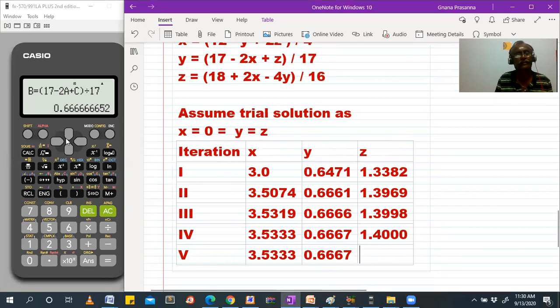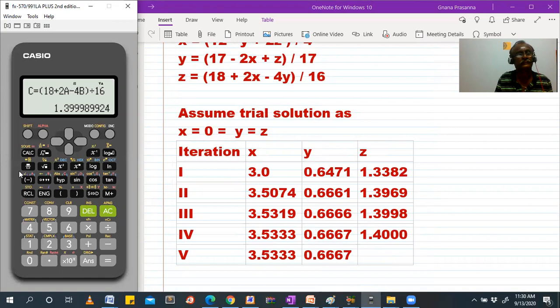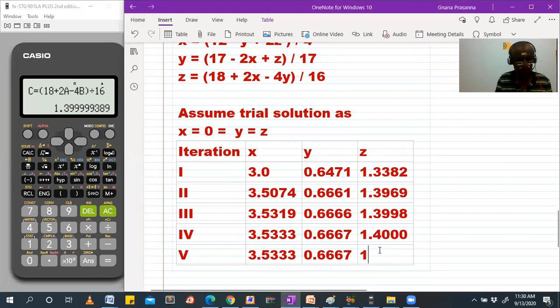Then calculate C, calc, equal to, 1.4000. Now the two iterative values are exactly the same. So we can stop the process and take the solution as x equal to 3.5333, y equal to 0.6667, and z equal to 1.400.